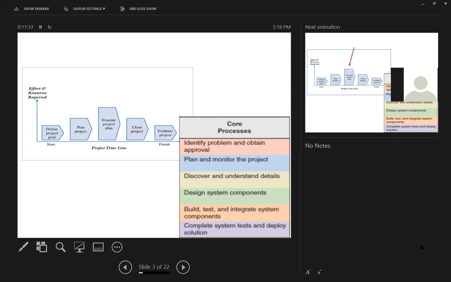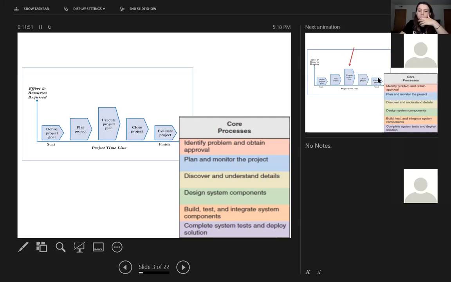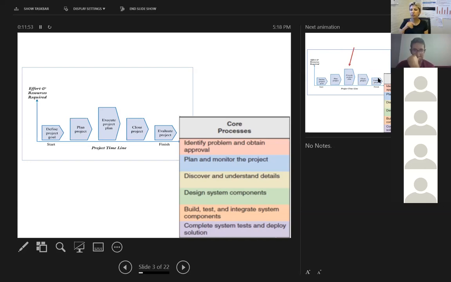Anybody remembers what these things are? The picture on the bottom right corner, what are those things? Those are the major phases of systems development lifecycle.